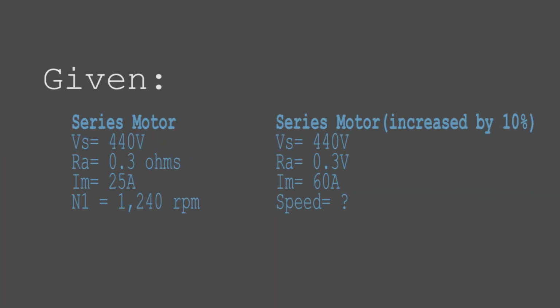Given, series motor, load voltage is 440 volts, armature equivalent resistance is 0.3 ohms, current taken is 25 amperes, speed is 1240 rpm. Second condition, load voltage is 440 volts, armature equivalent resistance is 0.3 ohms, current taken is 60 amperes, and we are going to find the speed.